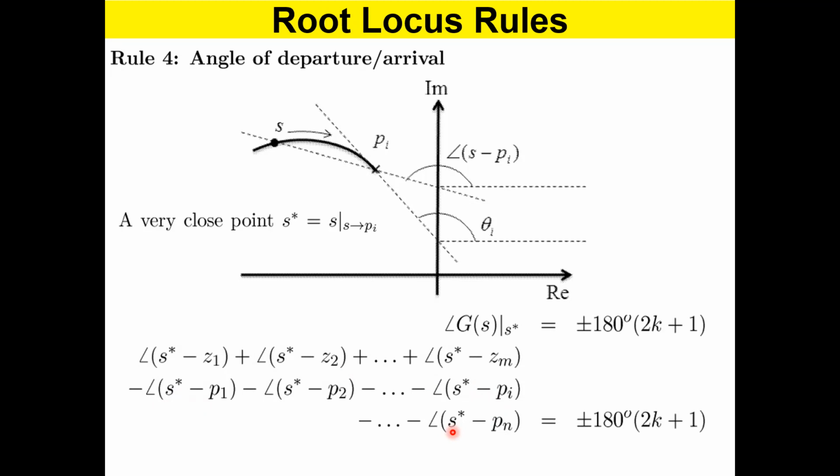Now take these brackets one by one and substitute this particular pole into them, and calculate the angles.